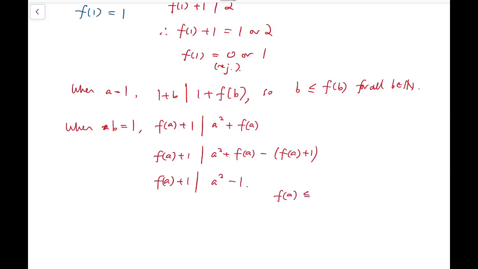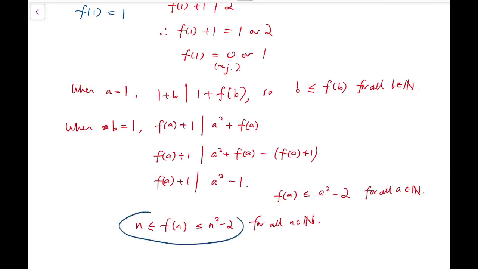Now from this, again, I can say that f(a) + 1 should be less than or equal to a squared minus 1, so f(a) should be less than or equal to a squared minus 2, because the divisor should always be less than or equal to the dividend. So combining, I can say that for all natural numbers n, f(n) must be between n and n squared minus 2. So that's the second result.